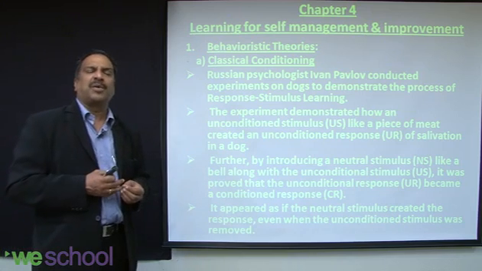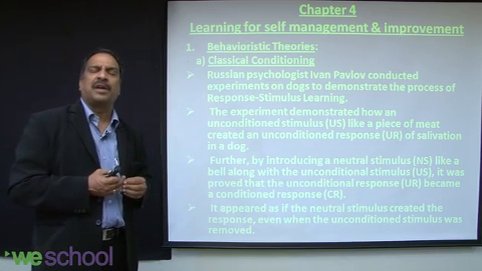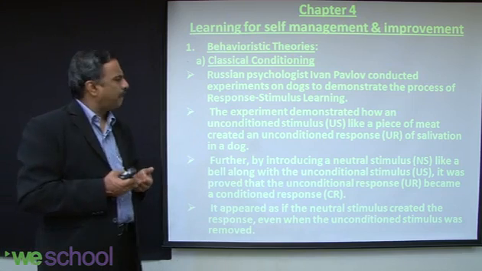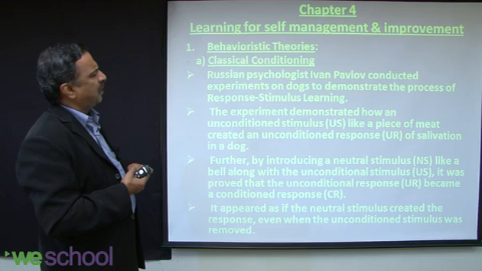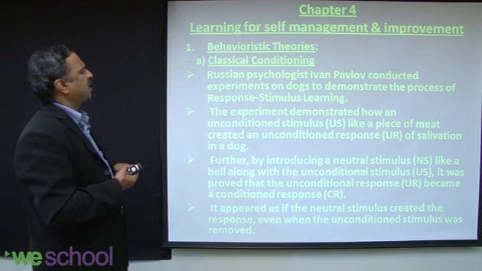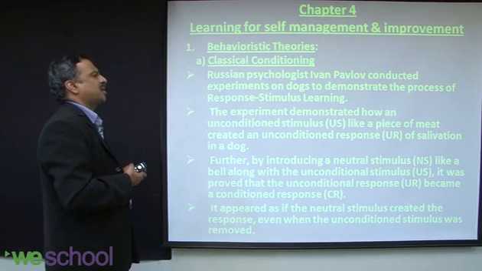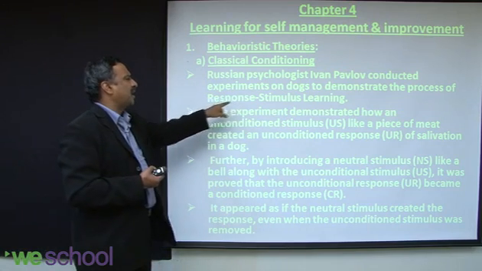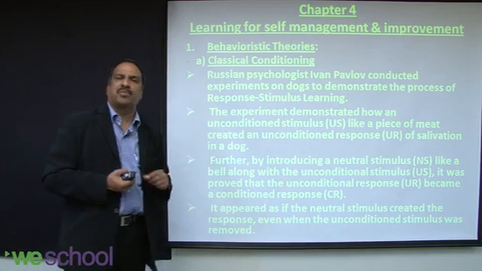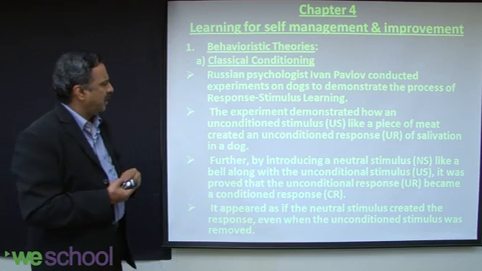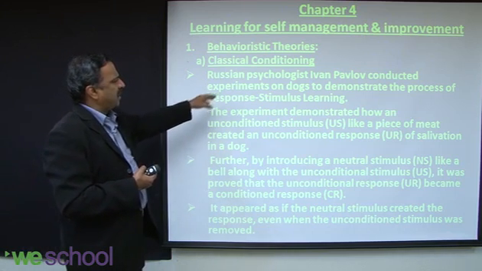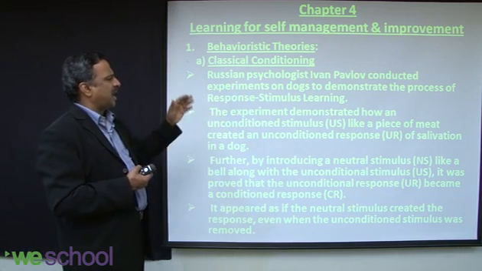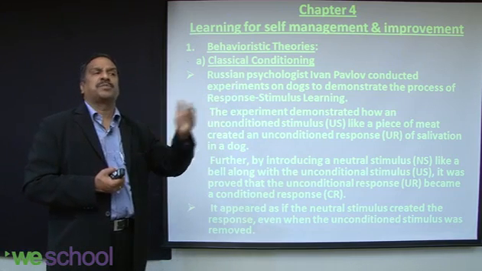Those students who are psychologists will know this theory pretty well. I am just repeating it here. A Russian psychologist by the name of Ivan Pavlov conducted experiments on dogs to demonstrate the process of response stimulus learning. This has to be underlined. It is also called response stimulus learning. Now the response comes as a result of the stimulus, so actually we need to call it stimulus response learning.